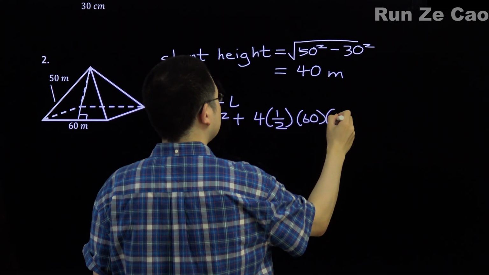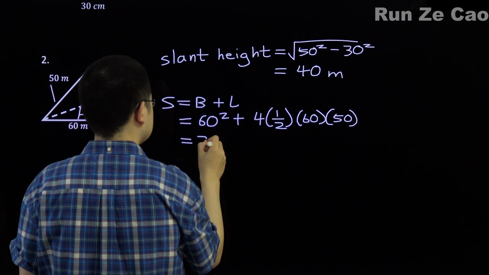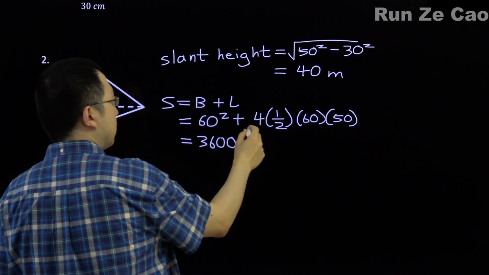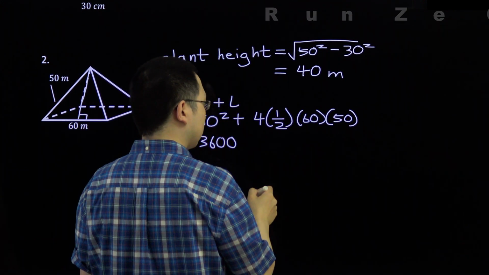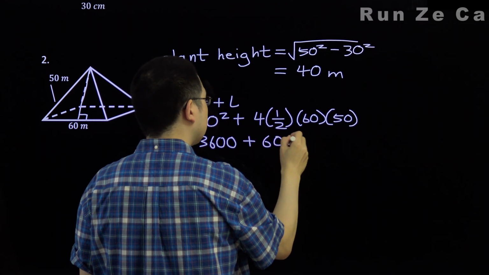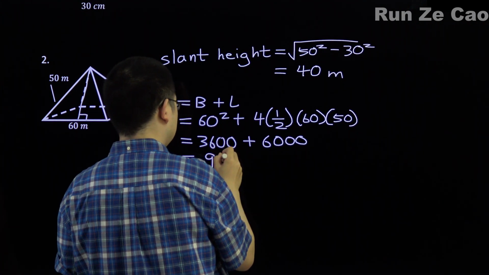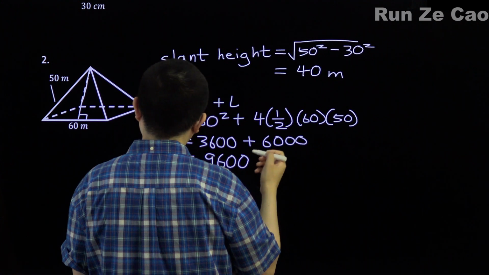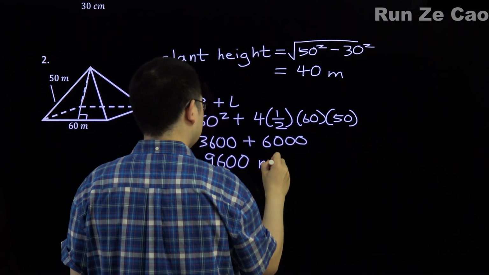Height is 50. So you got 3,600. And then 4 times 1/2 is 2, times 50 is 100. So plus 6,000. Now, that's going to end up being 9,600. And the units, oh, it's meters and meters. So it's meters squared.